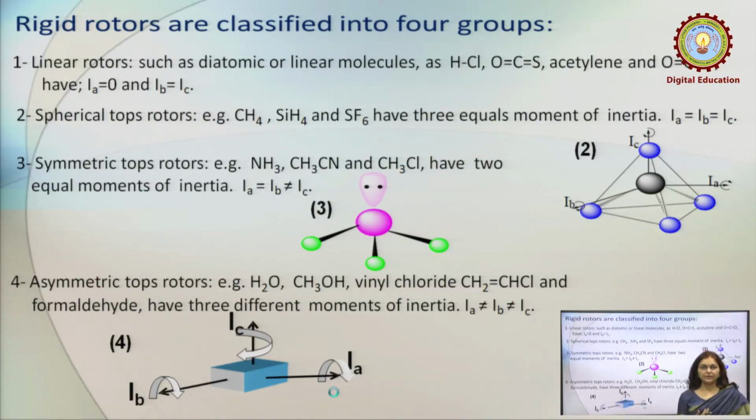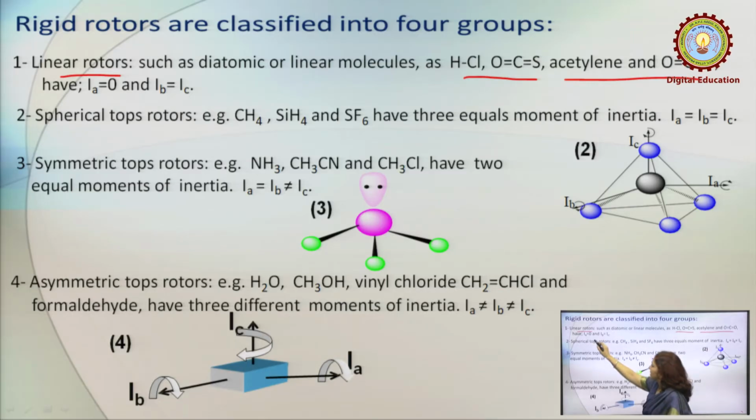According to their moments of inertia, rigid rotors are classified into 4 groups. Rigid rotors means it has only rotation, not vibration. Linear rotors, such as diatomic or linear molecules like HCl, OCS, acetylene and CO2, have moment of inertia along the x axis 0 and along the y and z axes equal, it means IB equals IC.